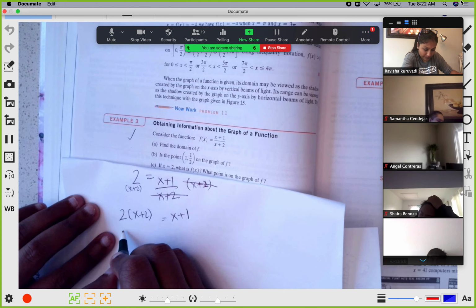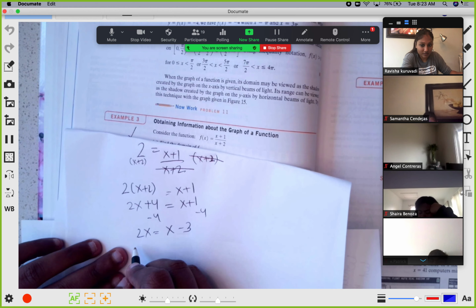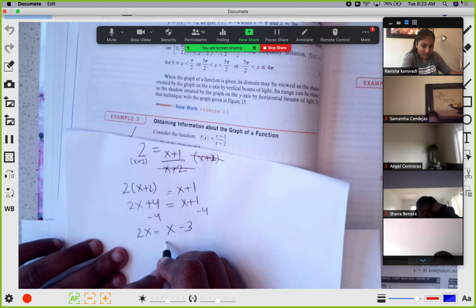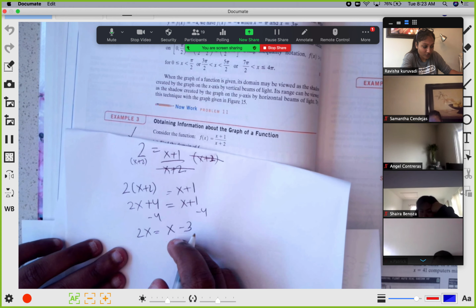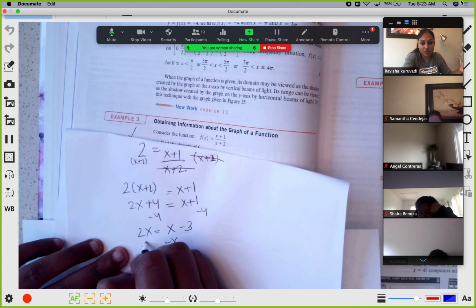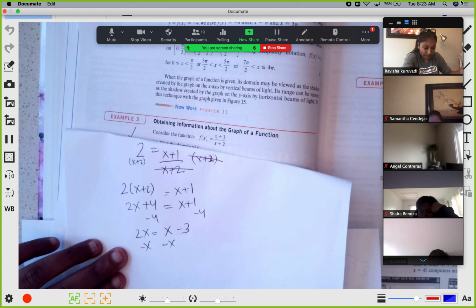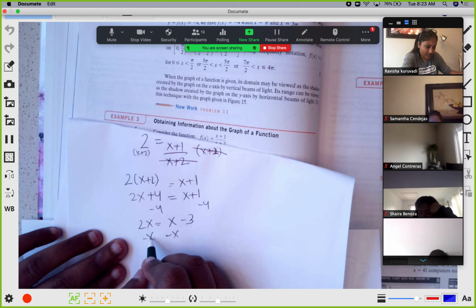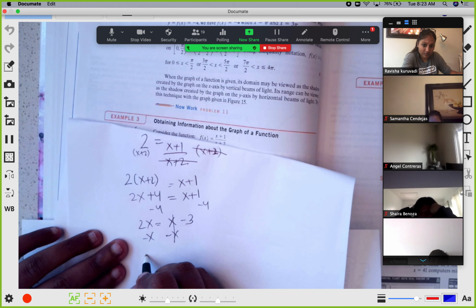First take x terms on one side. Here x is adding, right? You subtract x. What is 2x minus x? x. Okay, x is equal to negative 3.